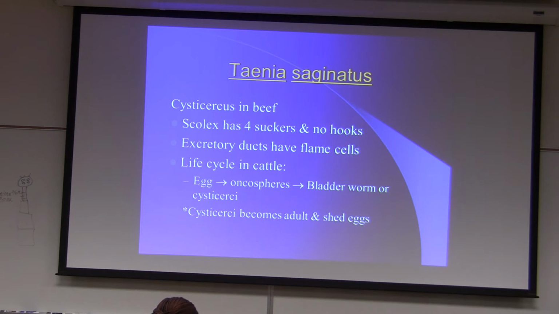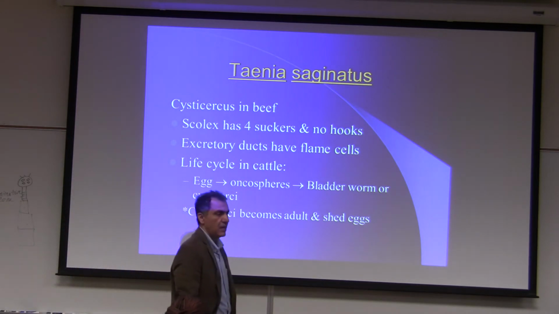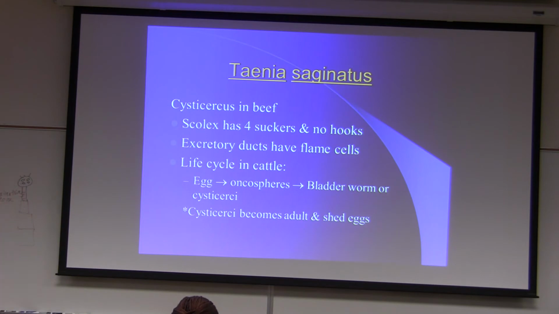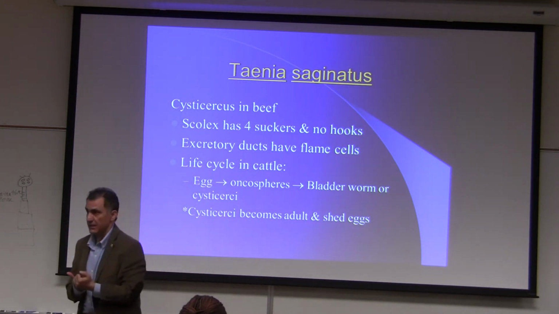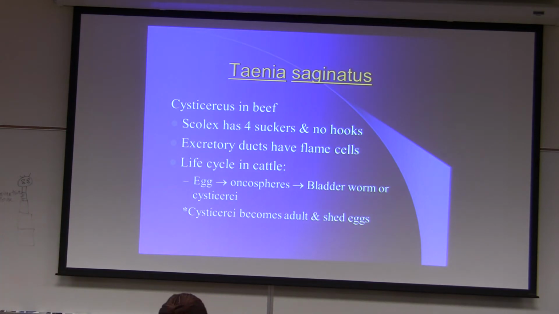Cysticercus is the juvenile, the larval stage of tapeworms in general; what it is called depends on the species. You will see another one called hydatid cyst. But cysticercus is found in beef, that's how we humans get it. It is in the United States. Taenia saginata is one of those tapeworms that exists in the United States.